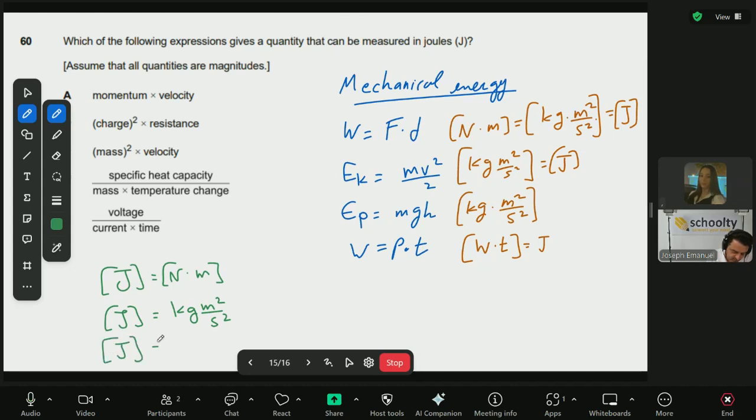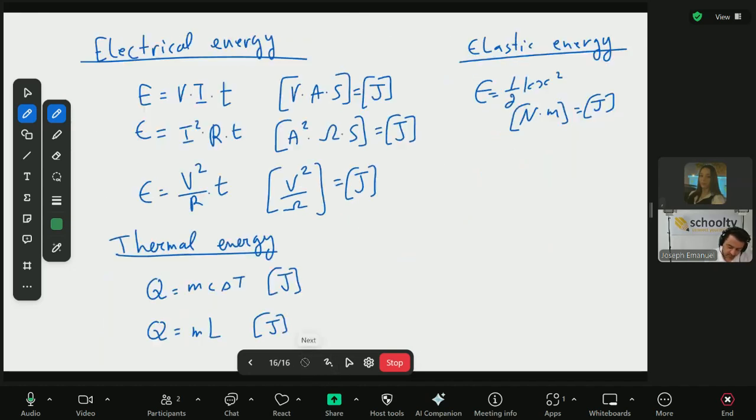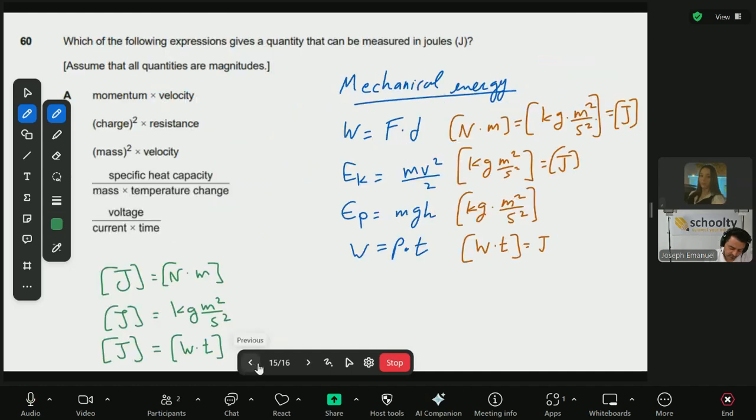And we saw it also watt multiplied by time. And here we had volt ampere second. This is also special. We can take one of them, which is volt square on ohm. Also it can be volt square on ohm.